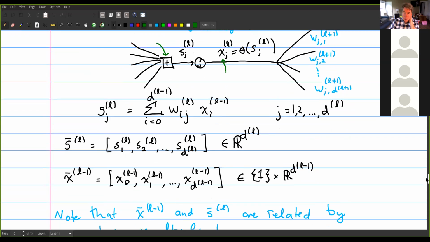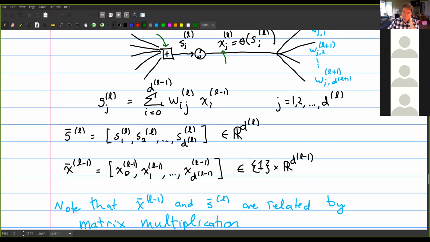Okay. So here's the actual formula for the input to node j in layer L. You can recognize this as a dot product of two vectors. One of the vectors is this thing, x^(L-1).